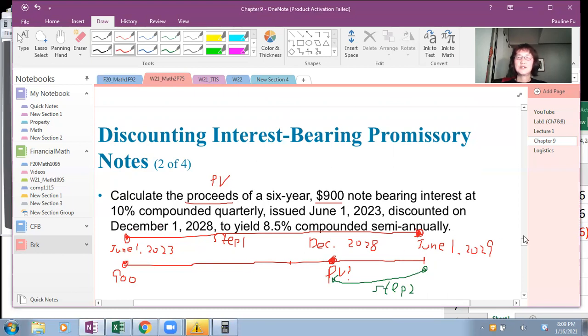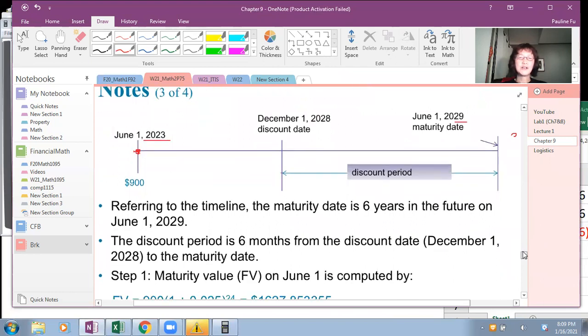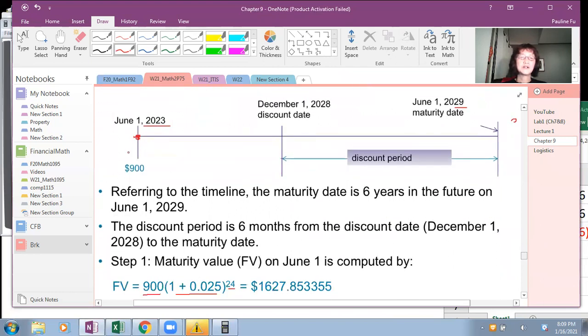This time let's take a look at the formula method. It is labeled here. 900 is here. This is the discount date. We call this the discount period. Step one, we want to find the maturity value on June 1st, 2029, from here to here.